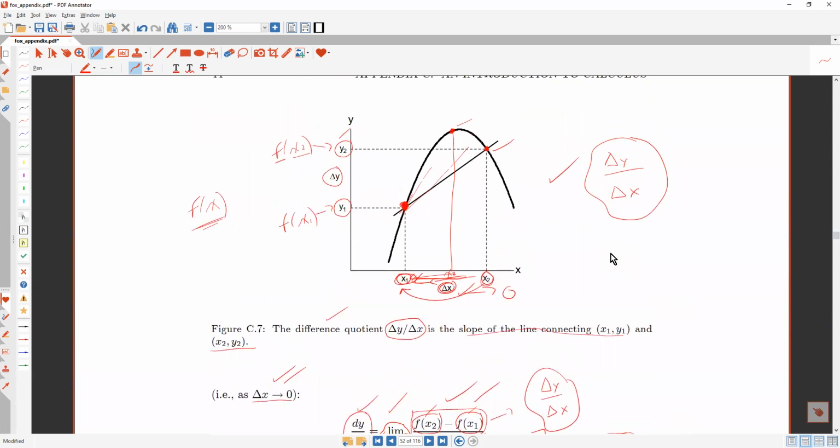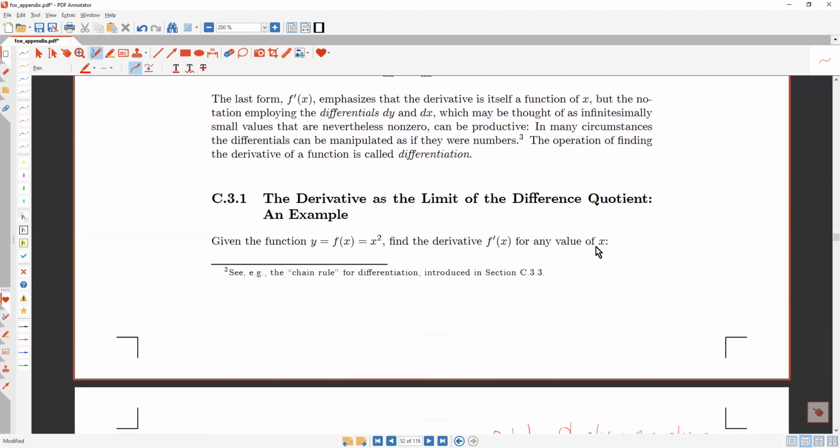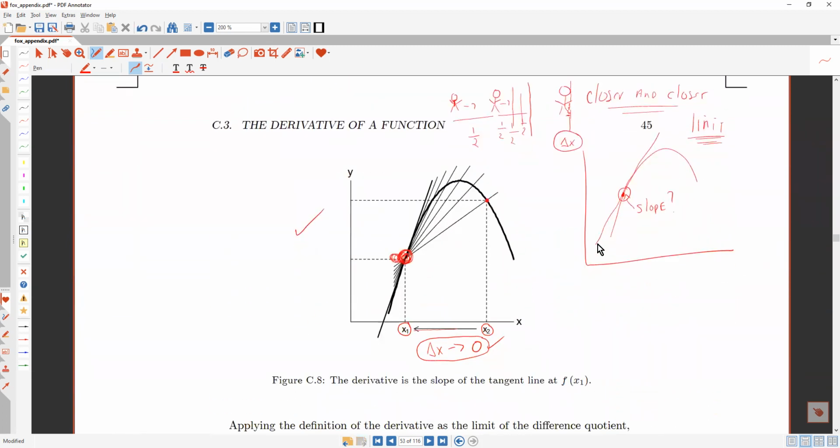So again, if I go up here, well, let me go to the other one where we have all of them, right? This particular point right here, as I bring x2 closer and closer and closer, eventually I get the slope at that particular point, right? It's right at that point.